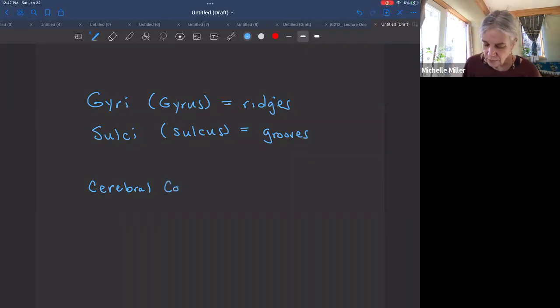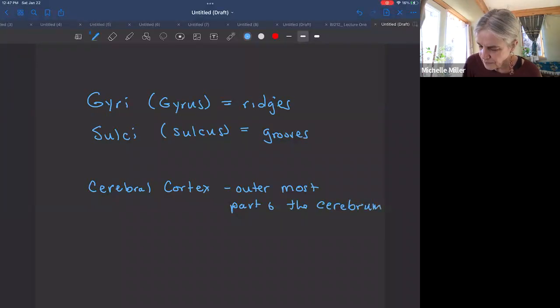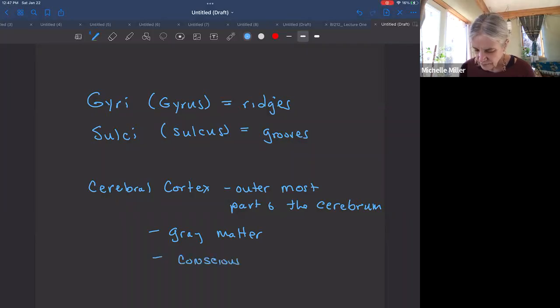So we have the cerebral cortex, the outermost part of the cerebrum, and it contains gray matter. These are nerve cell bodies that have migrated there, and it is the only conscious part of the brain.